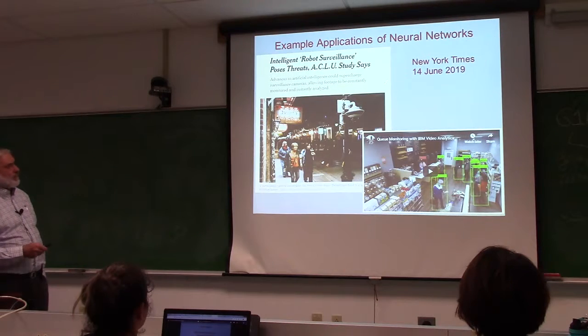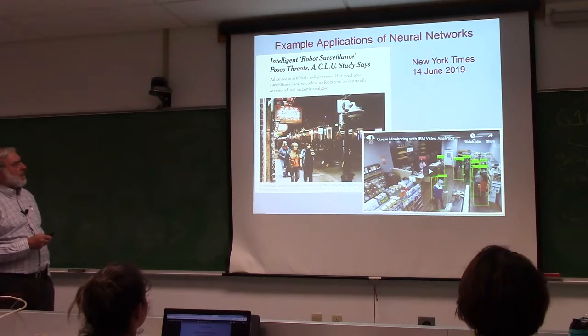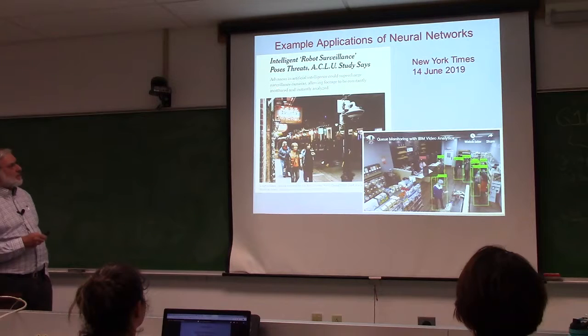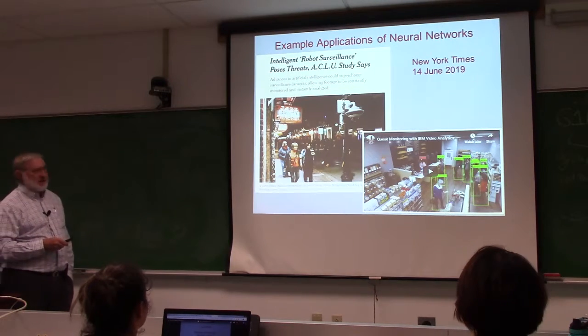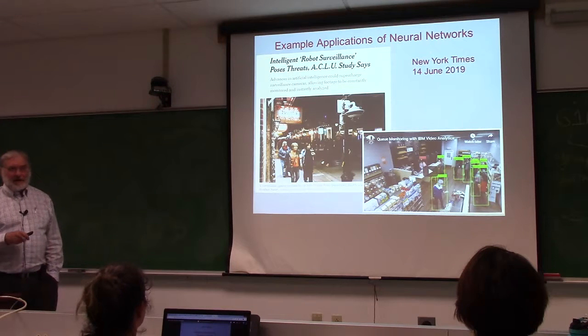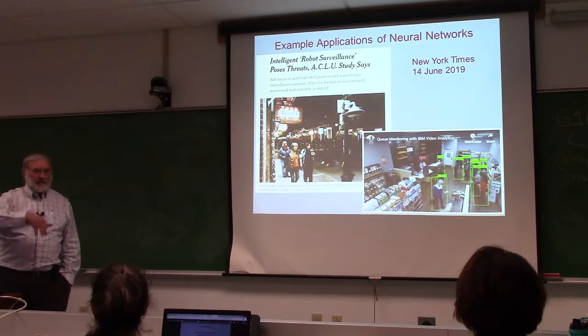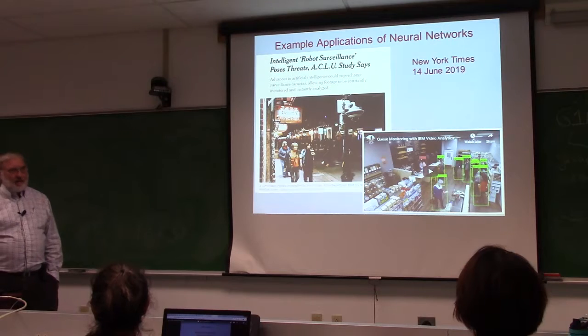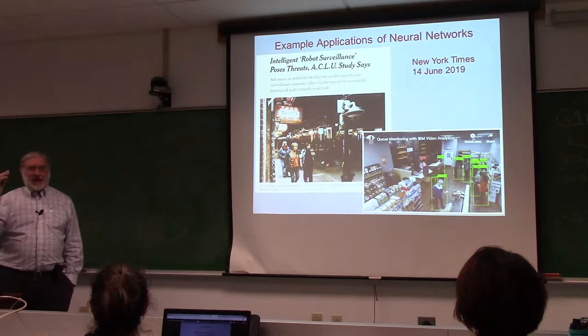Here's an example from today's New York Times talking about what they call intelligent robot surveillance, where it says, advances in artificial intelligence could supercharge surveillance cameras, allowing footage to be constantly monitored and instantly analyzed. Now, all over the world, from London to New York to Beijing to everywhere else, there are surveillance cameras everywhere.